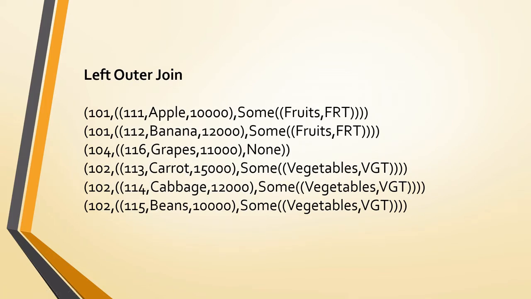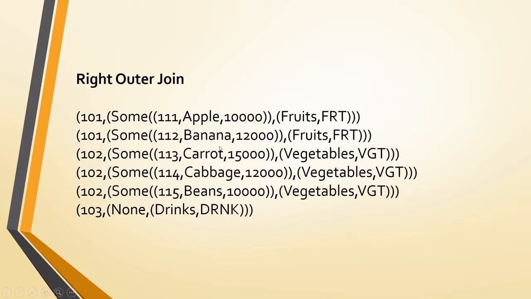Next one is left outer join, which means that from table 1, you can see here 101, 102 and 104 are considered as key, department numbers are considered as key, and the rest of the values as the values. And it doesn't have 103. That's why 103 data is not considered here, which is called left outer join.